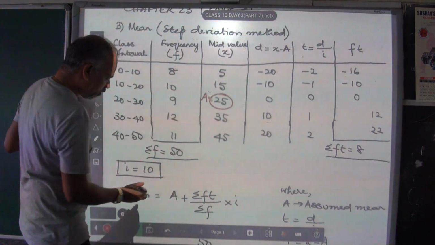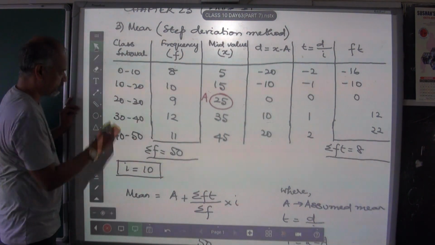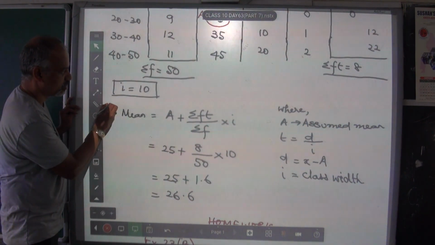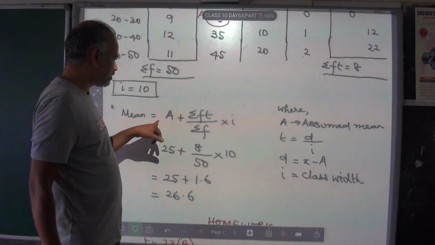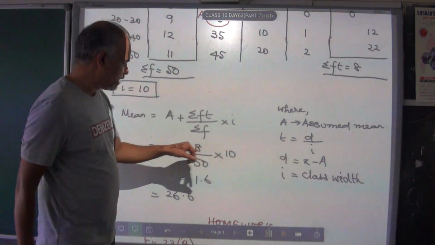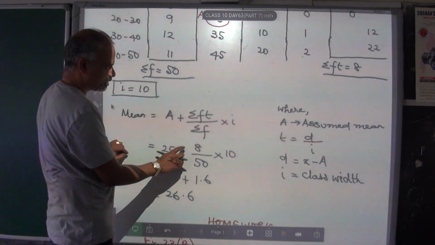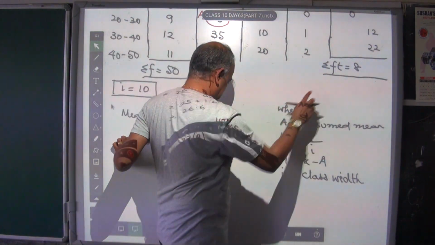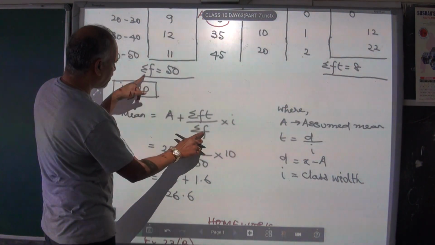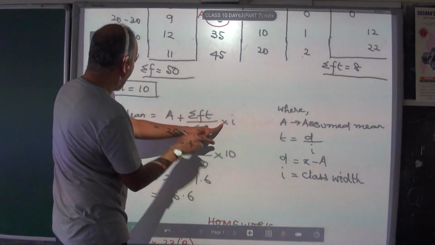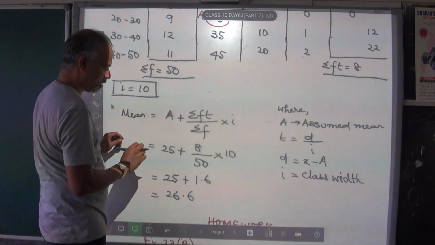Now, in the formula, you substitute these values. So, the mean is, this is the formula that we are going to use. A value we found was 25, that's 25, plus sigma ft value is 8, divided by sigma f value is 50, into I value is 10. Okay.